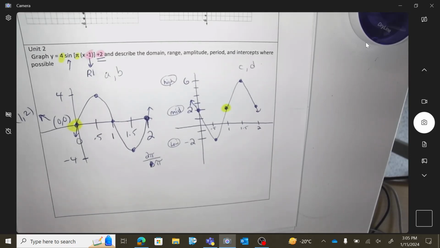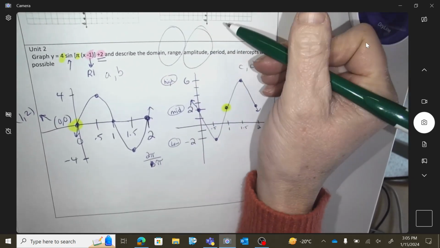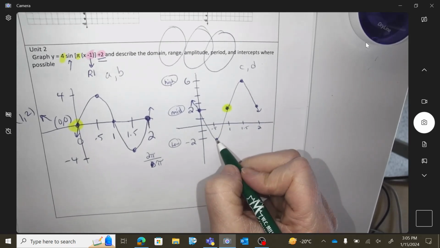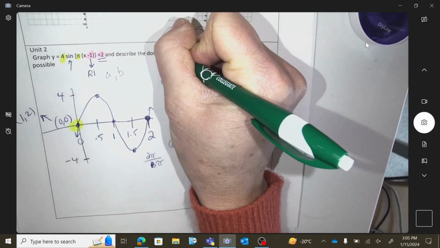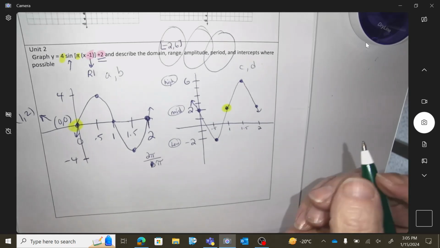Okay, just a few of these words. Let's do those 3 words. How would you state the range of this function? What's the low to the high? What does the amplitude mean again?